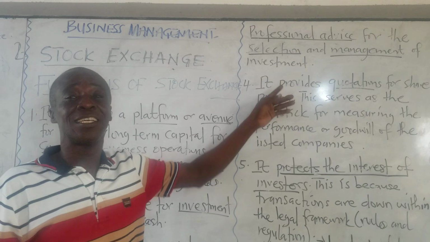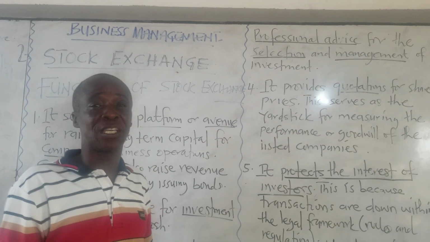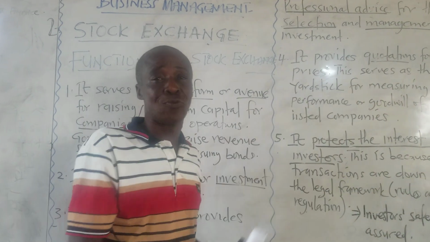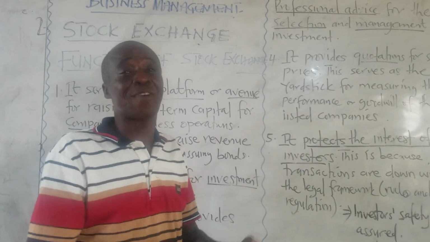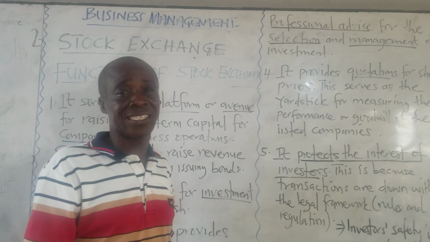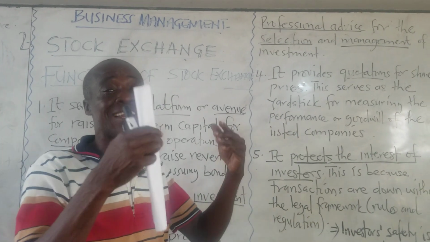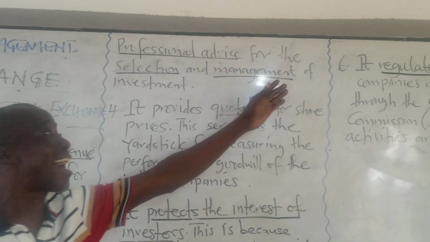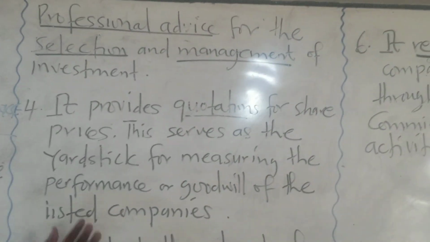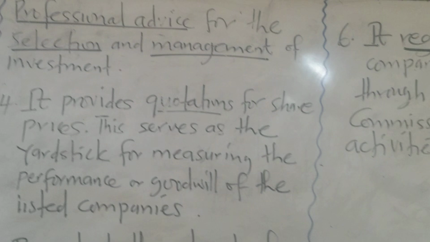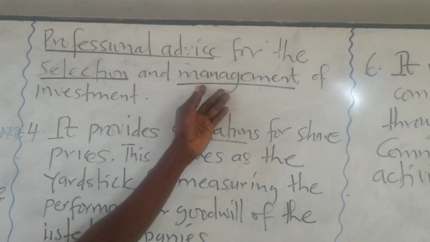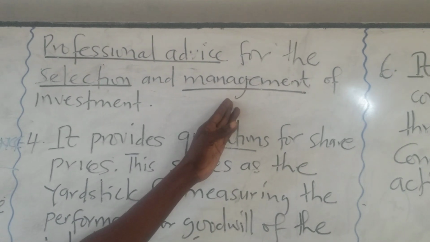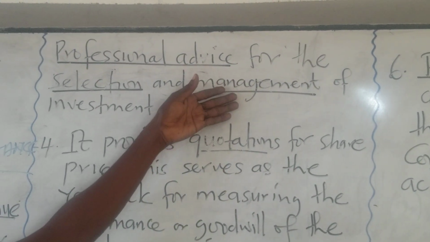If he sees that you have a short-term investment objective, then he will advise you to buy another instrument. So you see, they give advice. They are experts who know very well. They are knowledgeable in the stock market. So they can give professional advice on the securities you have to buy or select, and how to manage your securities. When to sell, when to buy, when to do what, they can give you pieces of advice.